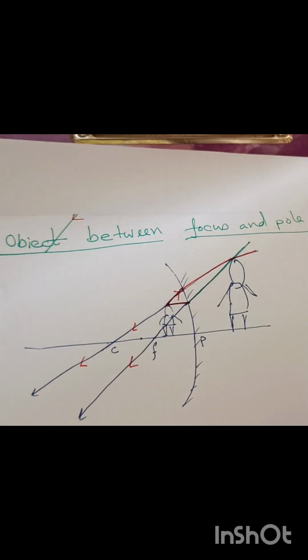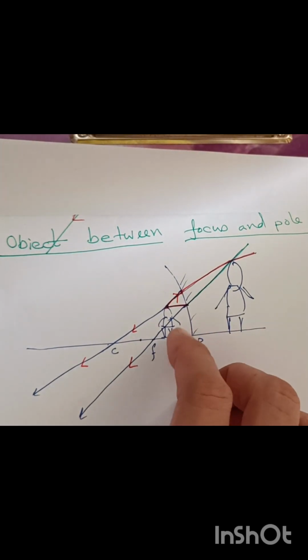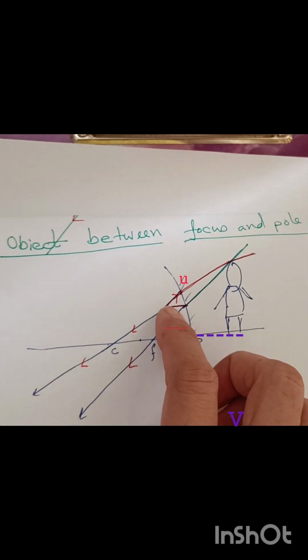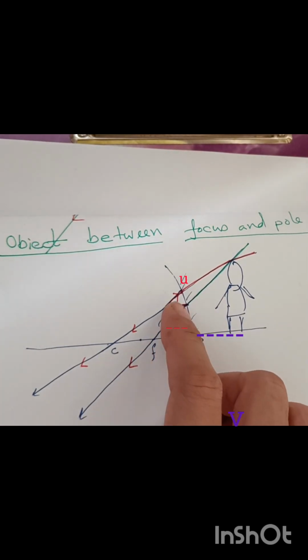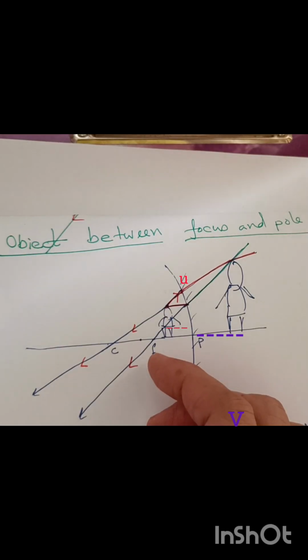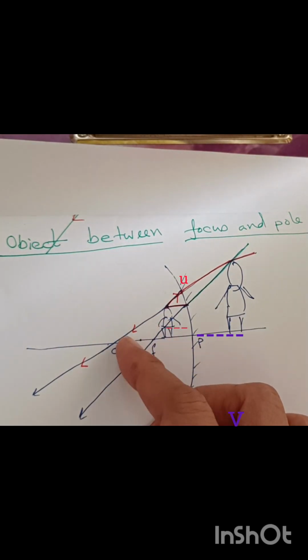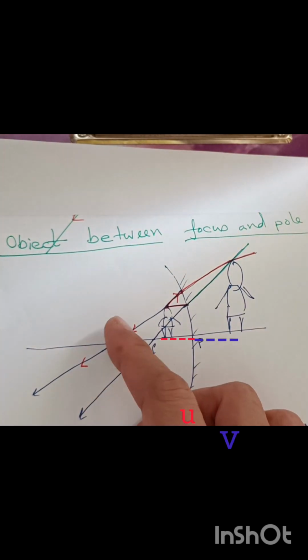Object placed between focus and pole. See, from the object, one ray after reflection goes through C and another ray, parallel to the principal axis, goes through F. The two rays are not parallel, so they will not meet each other.